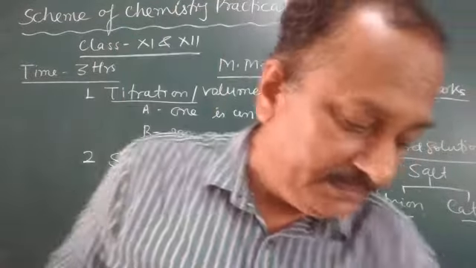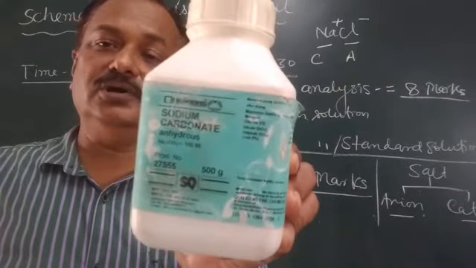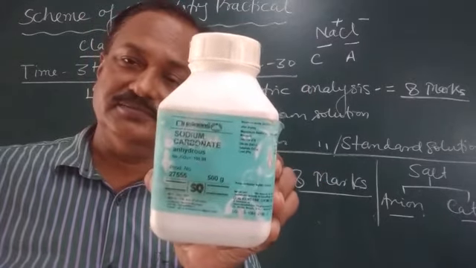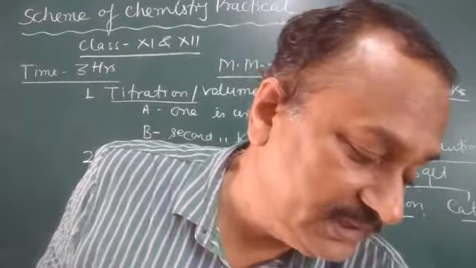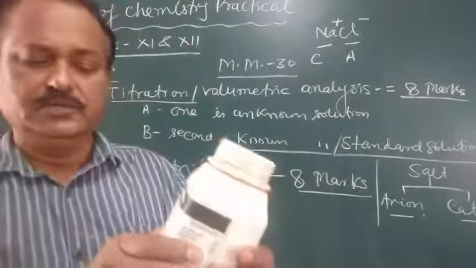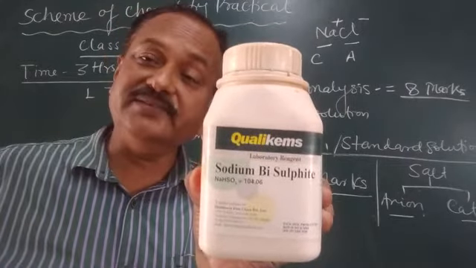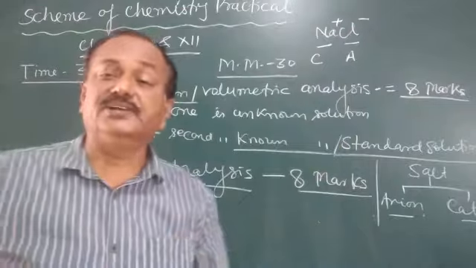Now coming to this, see here, this is the box of sodium carbonate. This is a salt. Now coming to the other, this is sodium bisulfite. Similarly, children, we have different salts like calcium sulfate, ammonium chloride.